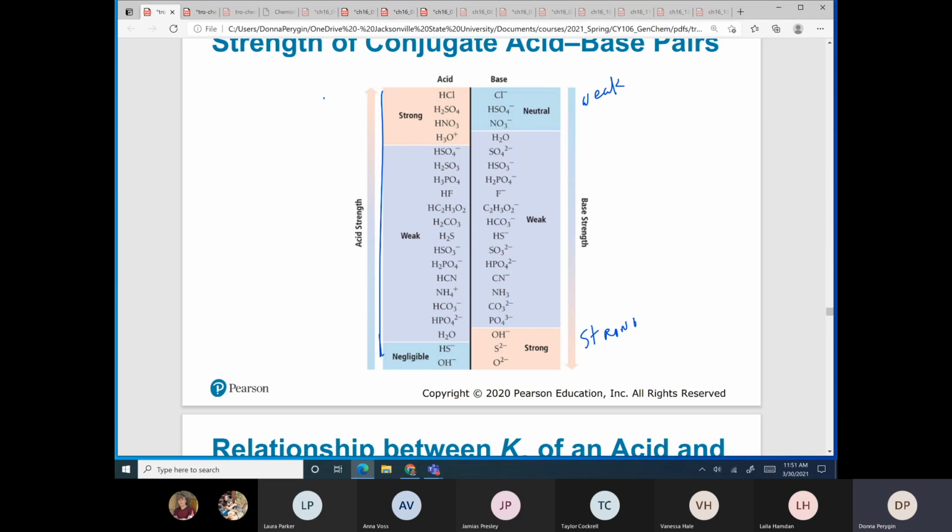The stronger the base, the weaker the conjugate acid, okay? The conjugate bases of strong acids form pH neutral solutions, and the conjugate acids of strong bases tend to form pH neutral solutions as well.